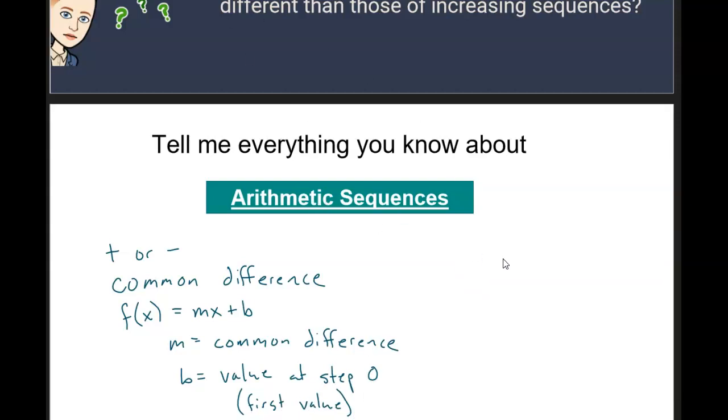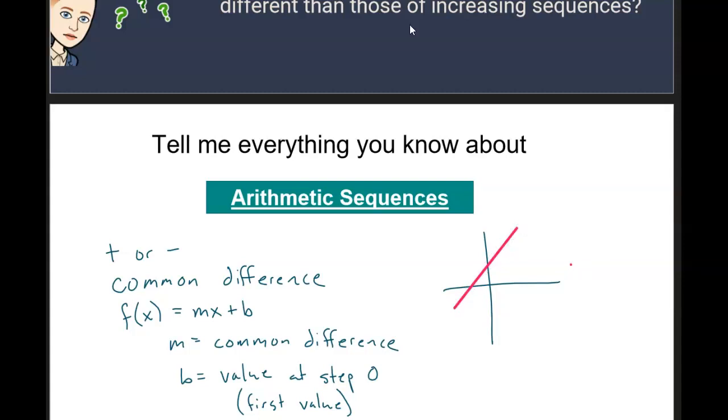Then we could also do graphs. If we wanted to graph this, what would it look like? We'll choose a different color here. What would a graph of an arithmetic sequence look like? Well, since we're using the mx plus b, that slope-intercept form, it would look like a line.